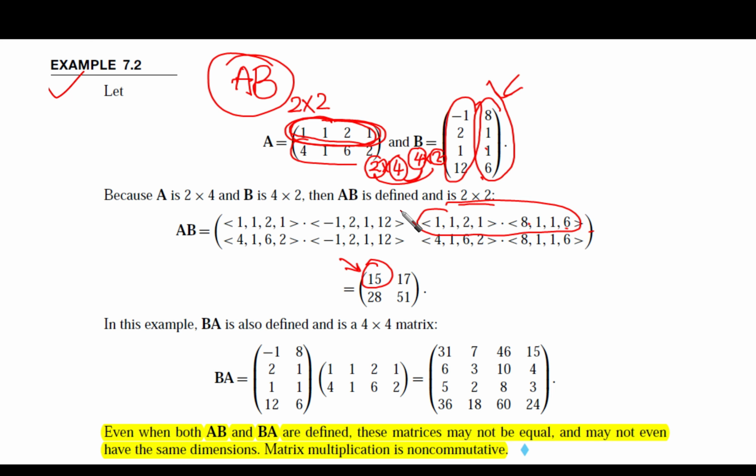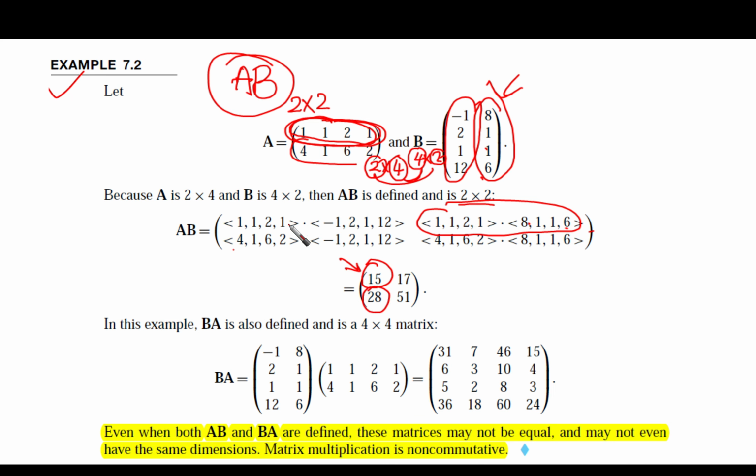Okay, so this is the case. And what about the second row of this multiplication? It is going to be exactly the second row here, which is 4, 1, 6, 2, times the first column here, which is minus 1, 2, 1, and 12. This would give us 28 if you multiply.